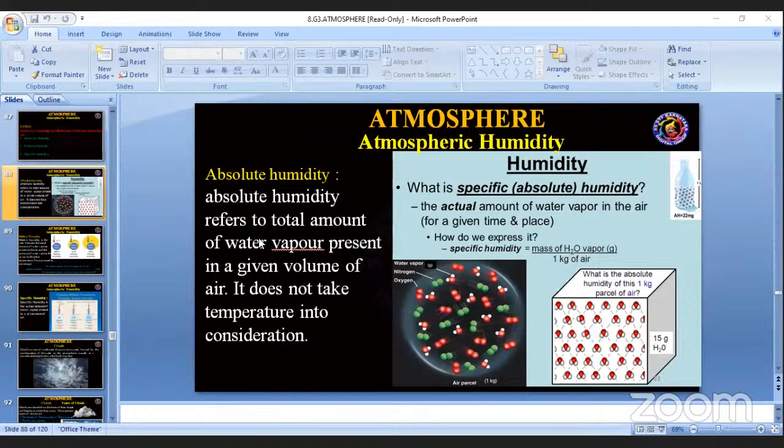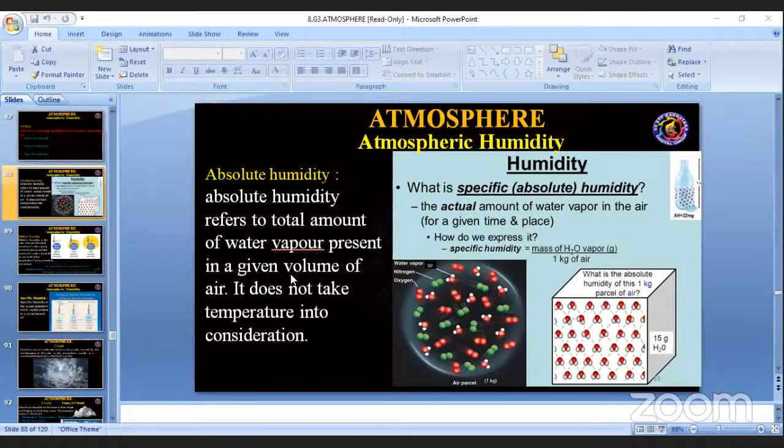Absolute humidity is the total amount of water vapor present in the air, but it is measured as water per cubic meter. We take a small space and identify how much humidity is there. This process is called absolute humidity.